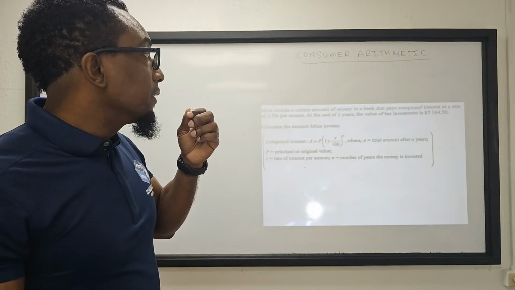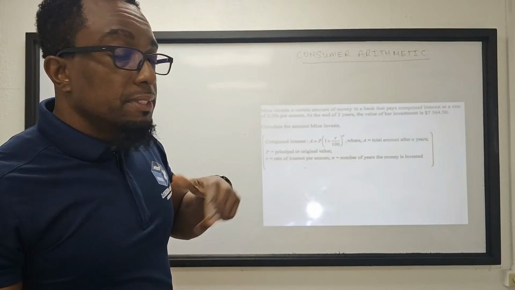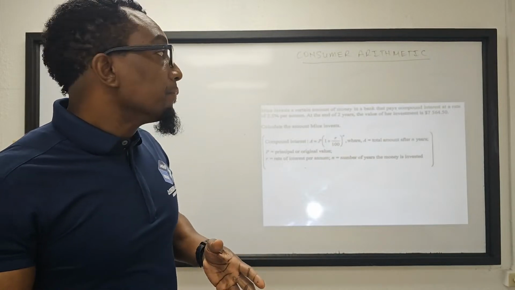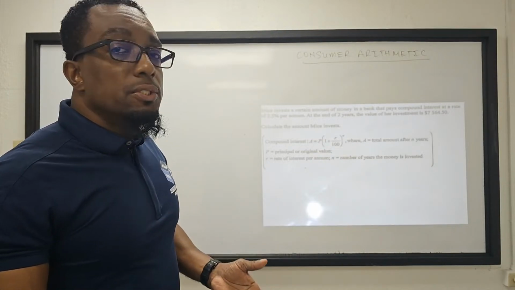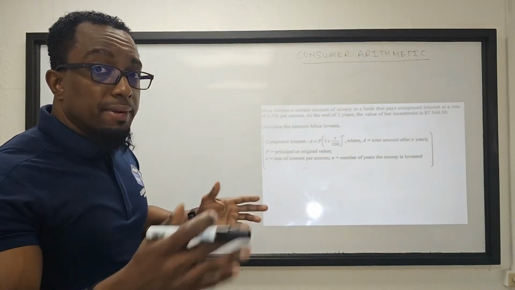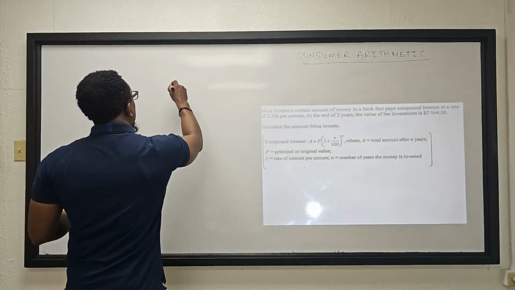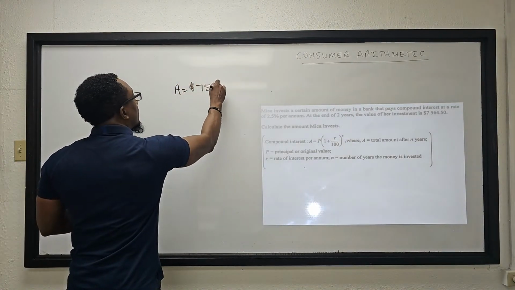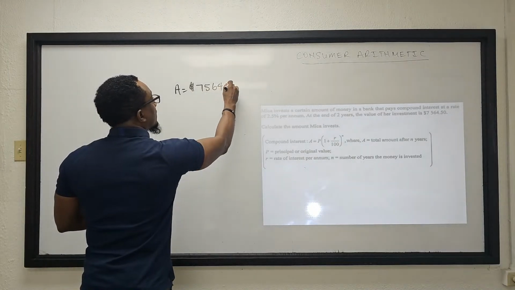We have the amount accrued, which is the value of her investment at the end of the investment period. That is the amount accrued. It is $7,564.50.